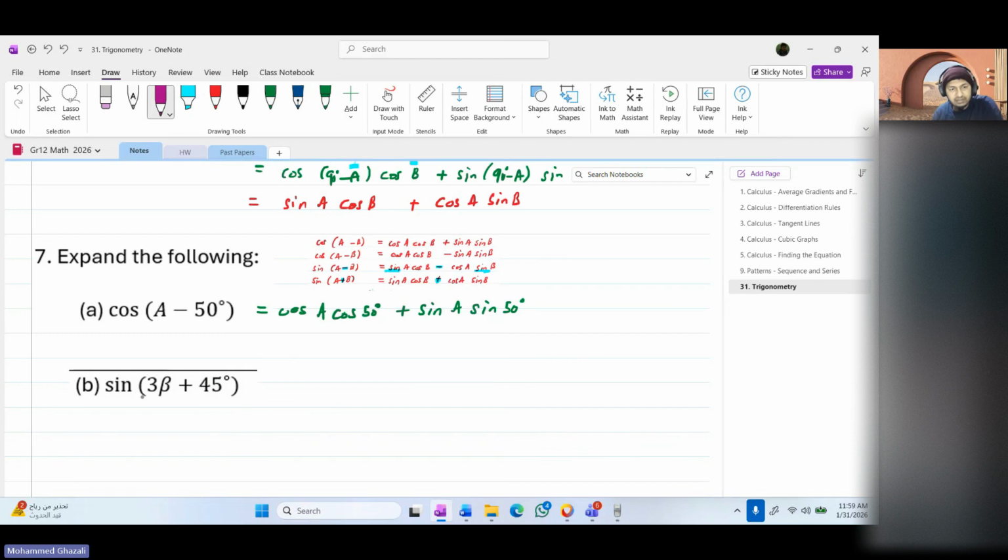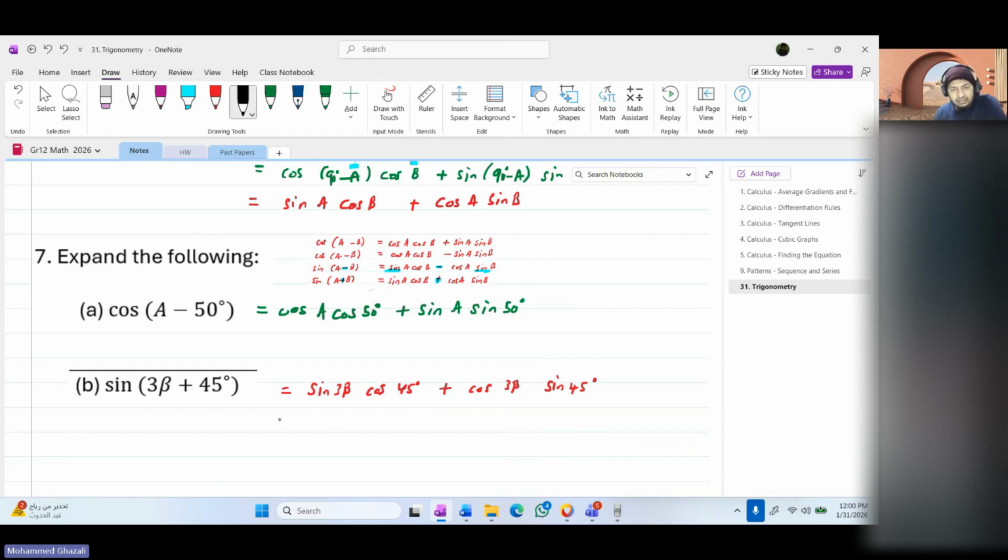I want to expand sine of 3 beta plus 45. So you're going to say sine 3 beta, and it's going to remain with a plus, and you're going to end with a sine 45. Start and end with sine, and then in between, you put the cosines in. Cos 45 and cos 3 beta. Are we good?